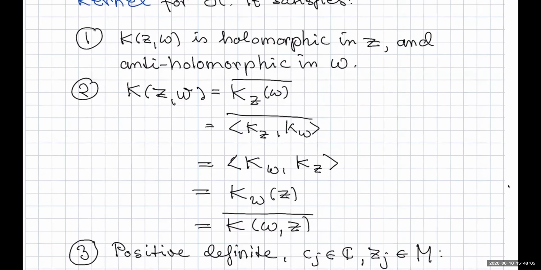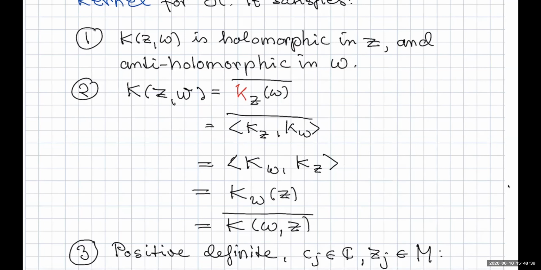Okay, what is also important is that you have this function, and this function is just k_omega, but with a conjugation. But k_omega is in the Hilbert space, so that is reproduced by the inner product. We have the complex conjugation, so what we get is the inner product between those two functions and then complex conjugation.